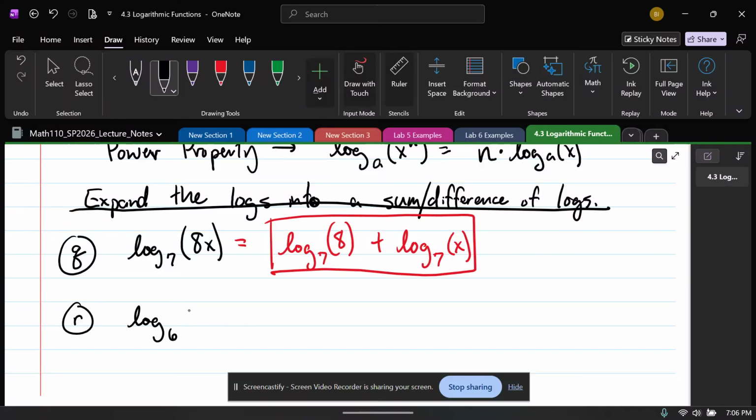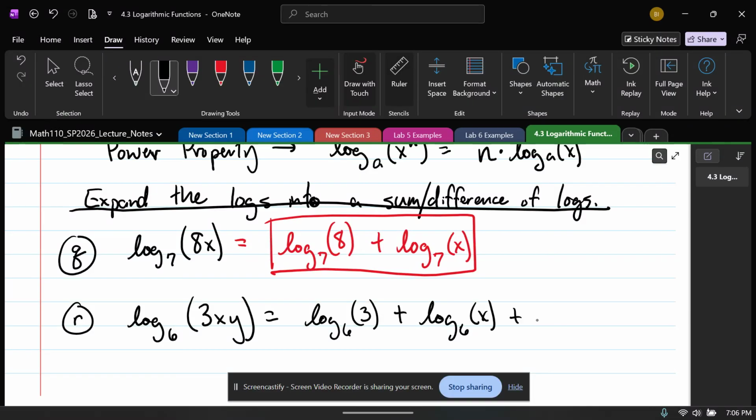I'm just going to change the base there to log base 6 of 3xy. So on this one, how many pieces do I have? 3. Got 3 things that are being multiplied together in there, so that means I should have 3 terms in my expansion. I'm going to have a log base 6 of 3 plus a log base 6 of x plus a log base 6 of y.